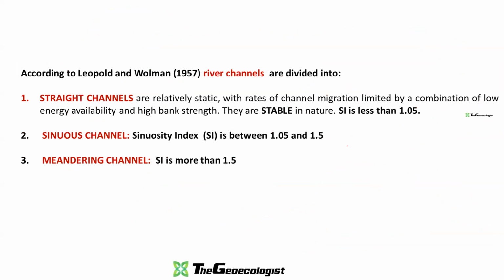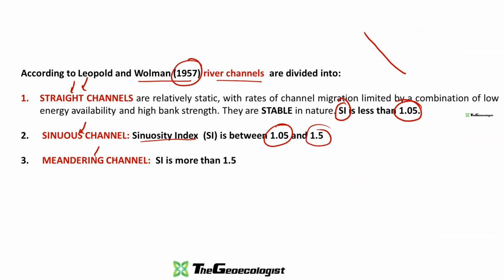Technically, according to Leopold and Wolman, 1957, river channels are divided into straight, sinuous, and meandering channels. Sinuosity index less than 1.05 is straight, roughly a straightish channel. Sinuosity index between 1.05 and 1.5 is a sinuous channel, and meandering is more than 1.5. So the ratio has to be 1.5 or above.